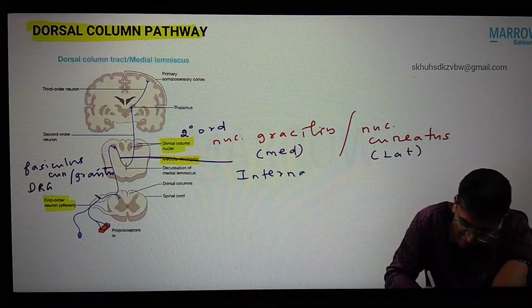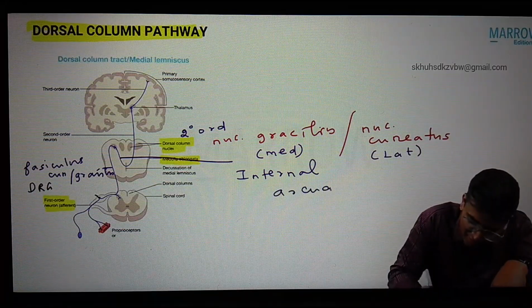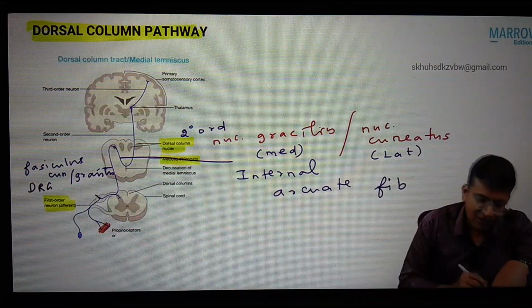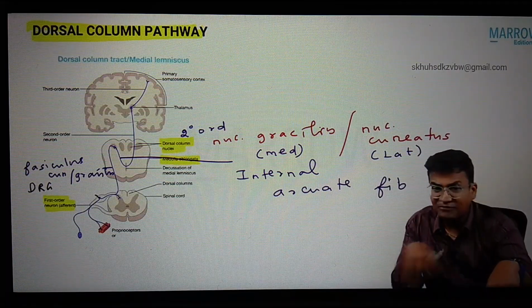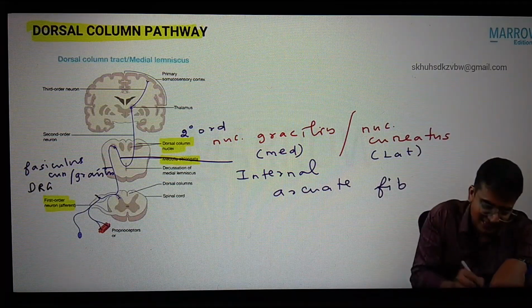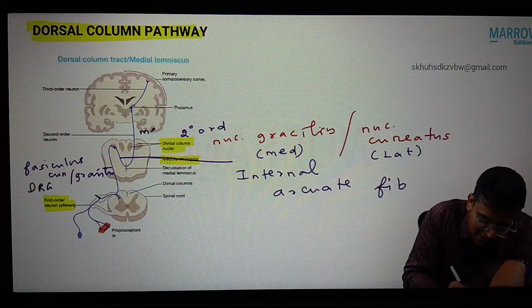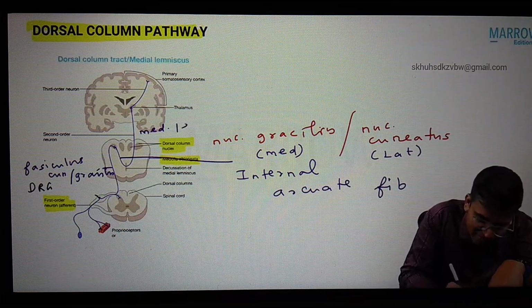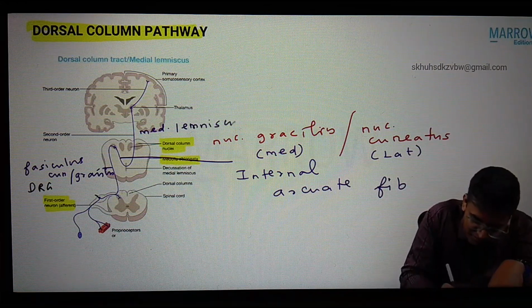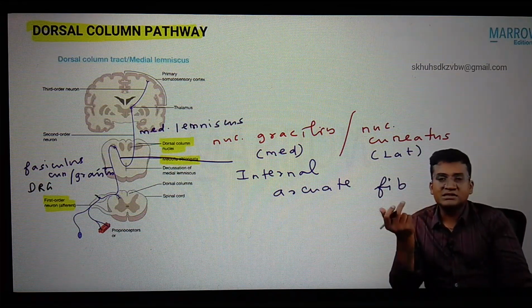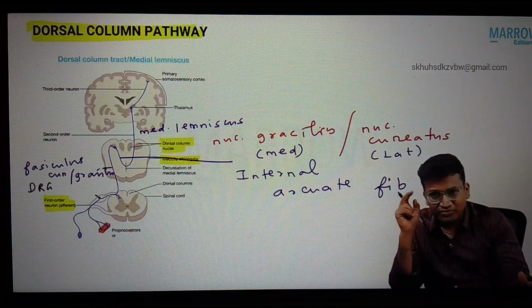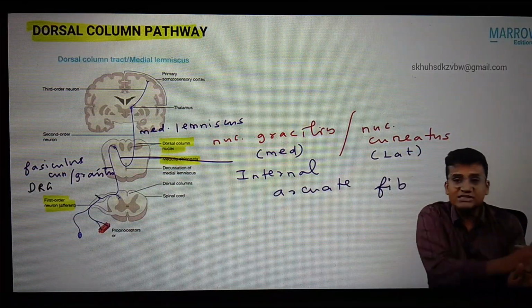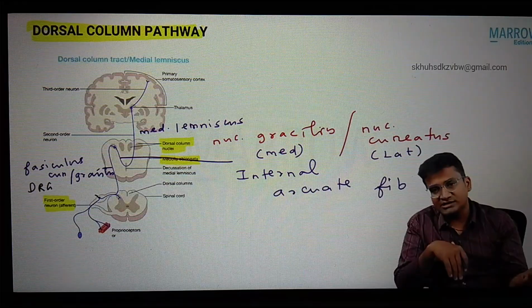After crossing, the internal arcuate fibers ascend as the medial lemniscus. So what is the medial lemniscus? It is coming from the opposite side nucleus gracilis and cuneatus.